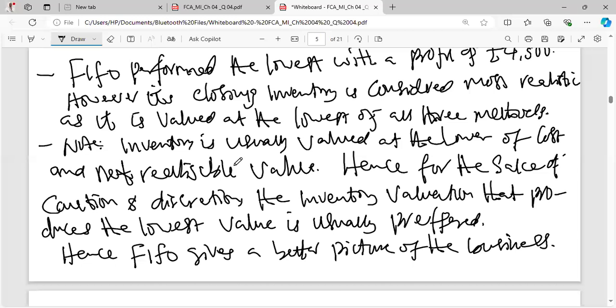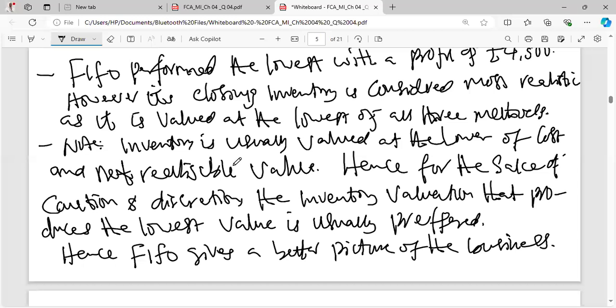And on your own part, you do your best to see how you can answer similar questions like this, because you need to know how to value inventory at these three methods. And always remember that the inventory valuation that gives you the lowest value is usually preferred.